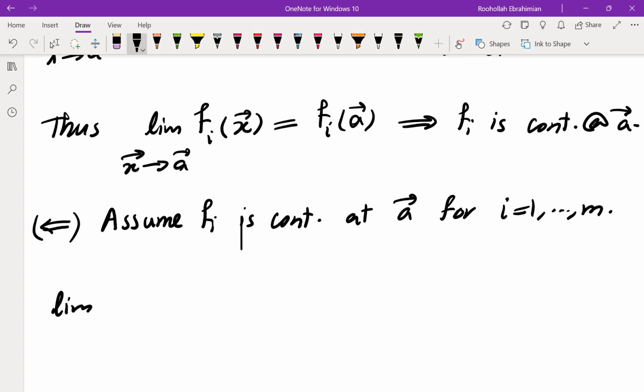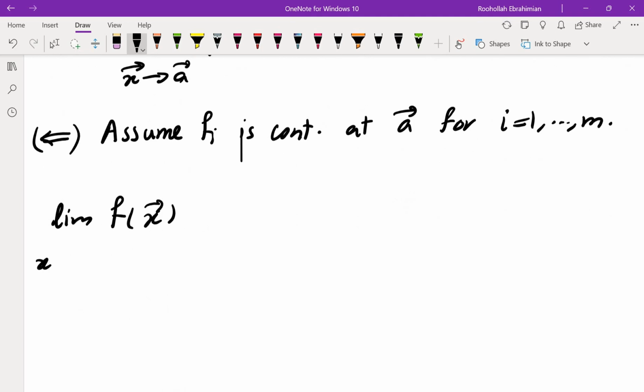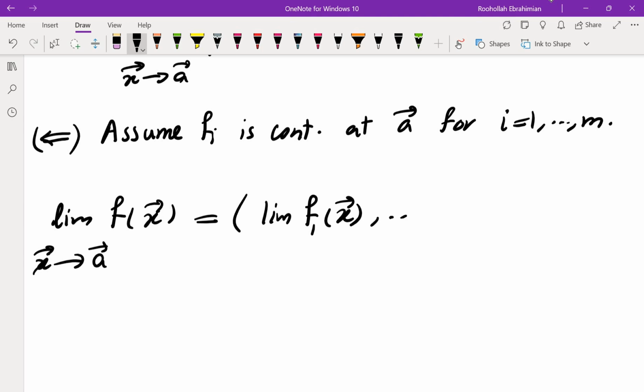When you take the limit of f of x as x approaches a, by a theorem we know this is going to be equal to the limit of components. So you will have to take the limit of f1 all the way to the limit of fm. So we know that by the theorem that we proved.